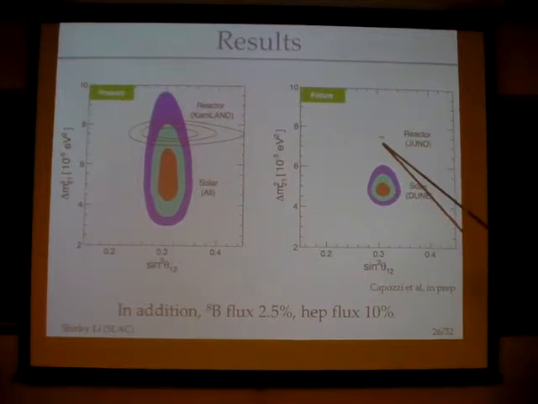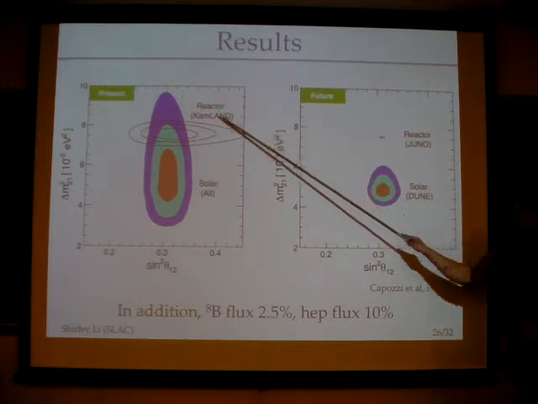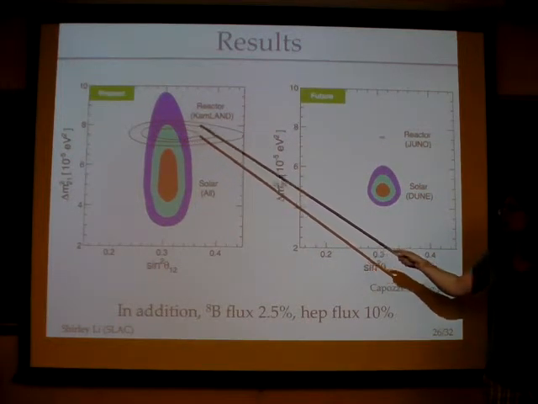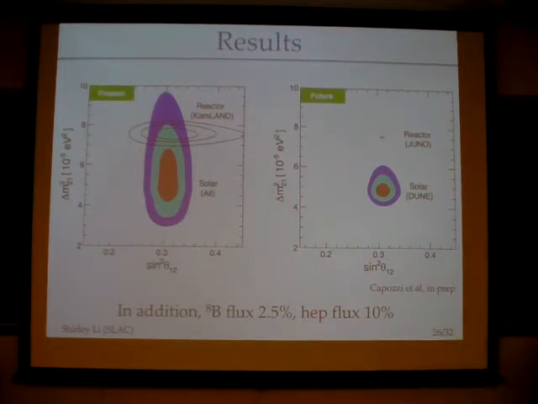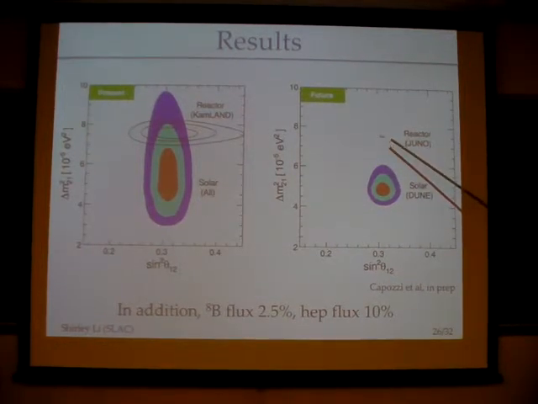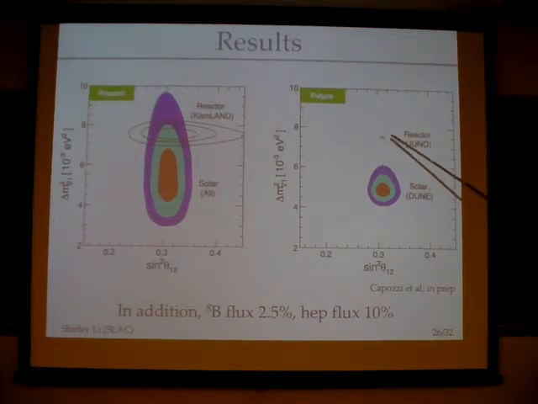And at this contour, the three black contours are the current generation reactor experiment from KamLAND. And China is building a proposed next generation reactor experiment, JUNO, and it's just incredibly precise. This is its 3 sigma prediction of how well it can measure these two parameters.